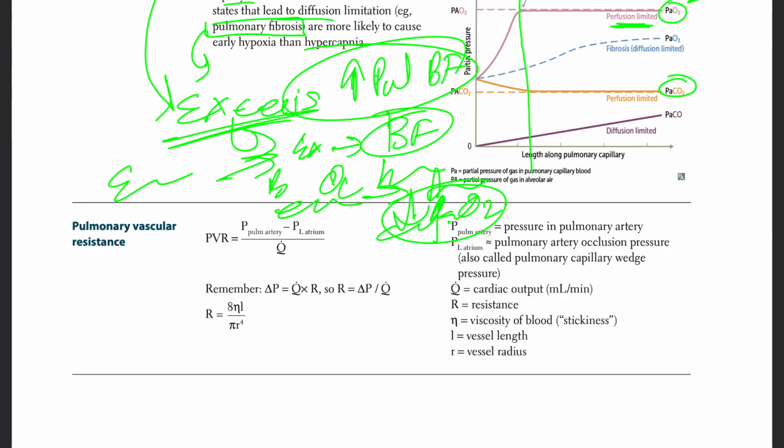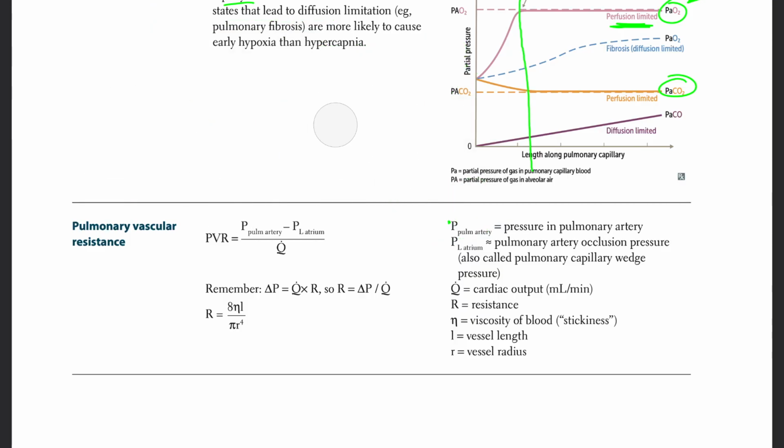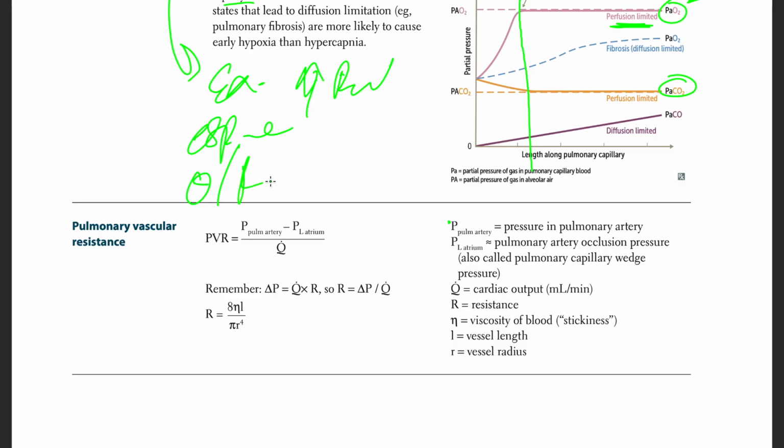So again, let me summarize this point for you. Diffusion limitation does not occur normally, but in exercise you're increasing the blood flow, especially in people who already have a disease, for example obstructive lung disease or restrictive lung disease.